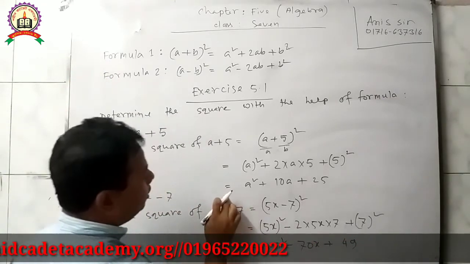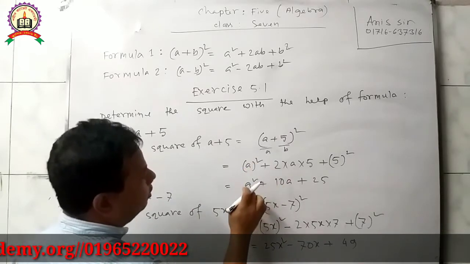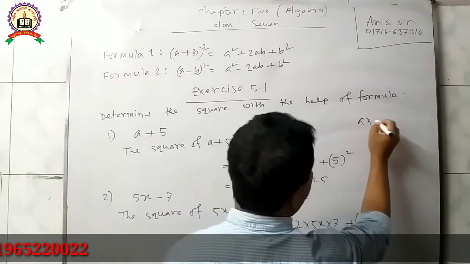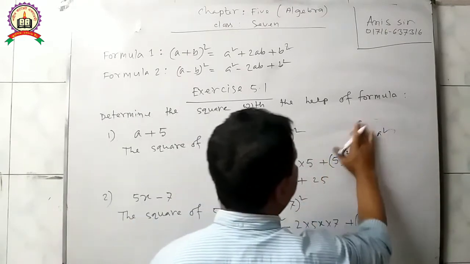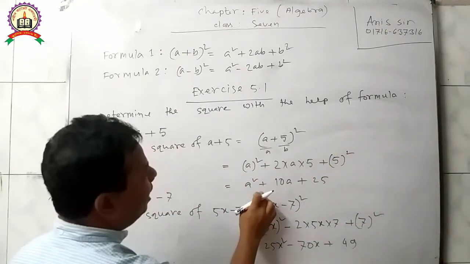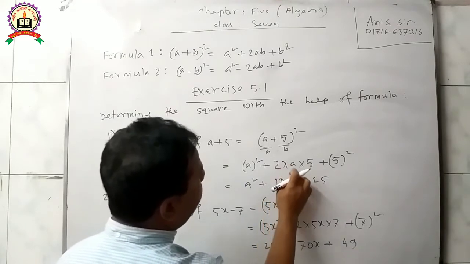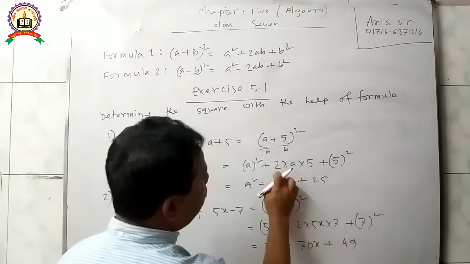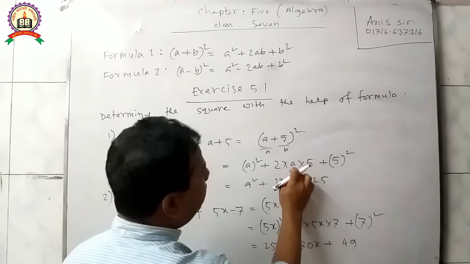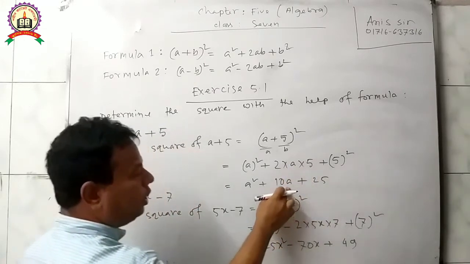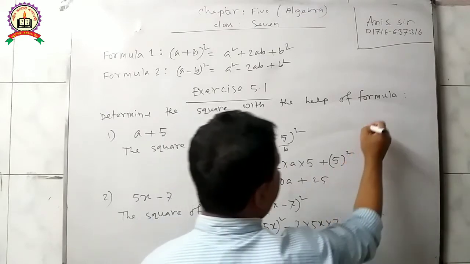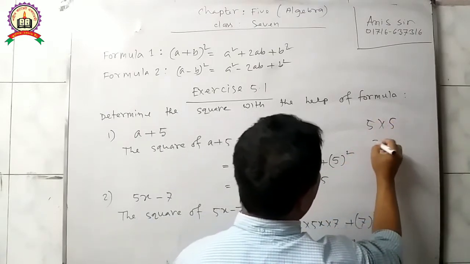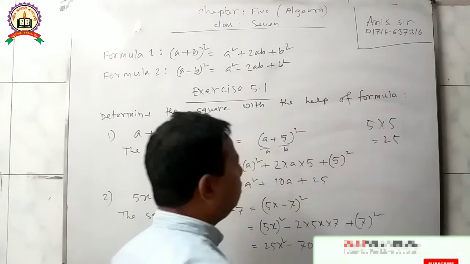So if we calculate, a into a equal to a square, plus 2 into a into 5, 5 into 2, 10 into a equal to 10a, plus 5 square means 5 into 5 equal to 25.